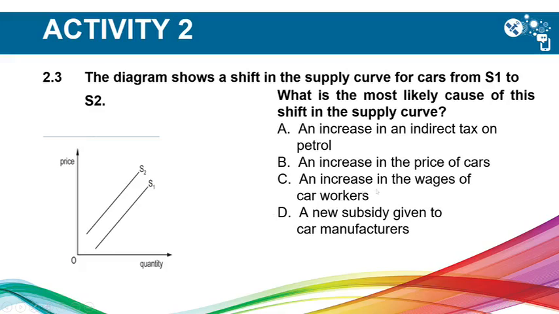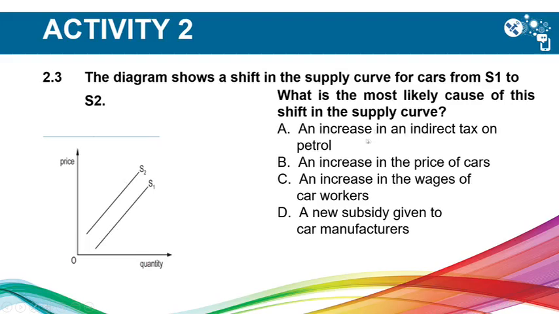With an increase in the price of cars, as prices increase, the supply also increases, so the price would be a shift along the curve, not a shift of the curve.